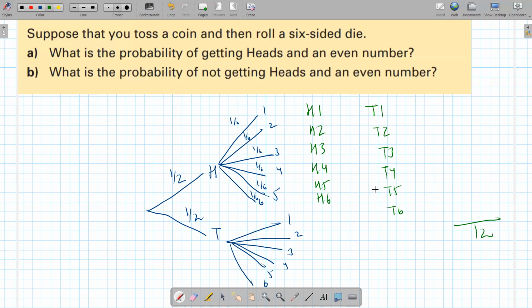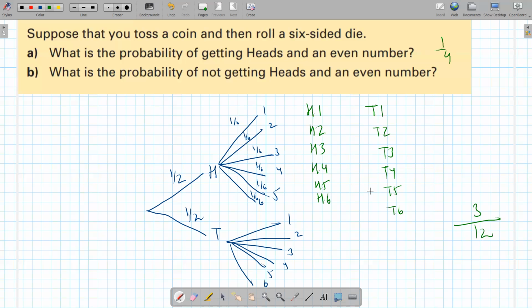How many outcomes with a head and an even number? 3. Yeah, exactly. And what does 3/12 reduce to? 1/4. Yes, there we go, 25%. That's the answer to A, 1/4.